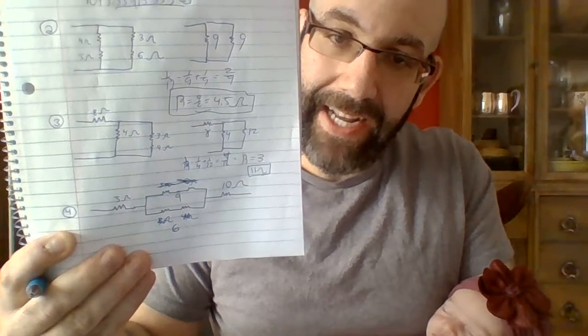We're going to use the 9 and the 6 and add them together via parallel. So 1 over R is 1 over 9 plus 1 over 6. That gets you 1 over R equals 5 over 18, or R is 18 over 5. 18 divided by 5 is 3.6.